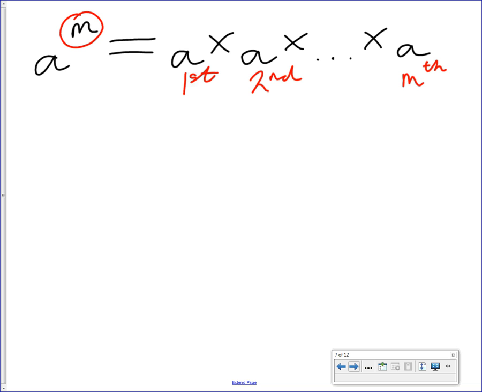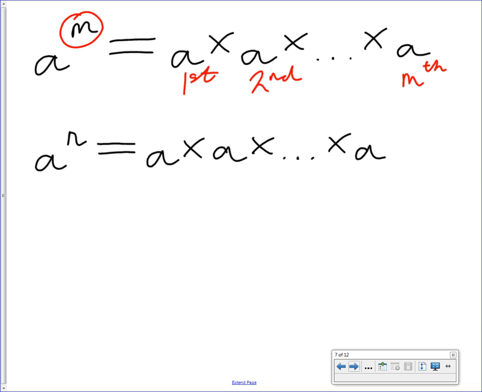So I've got m a's all together. Now, if I talk about a to the n this time, it's the same sort of thing again. I've got a times a times a times a times a times a. And I have got n a's all together. So I've got first a, second a, all the way up to my nth a.